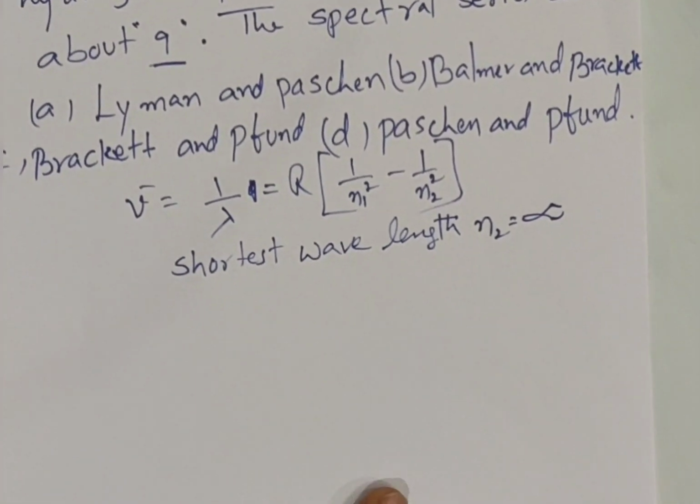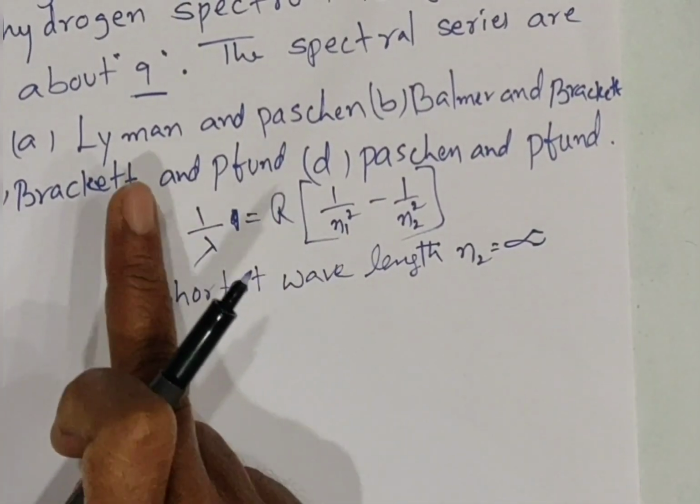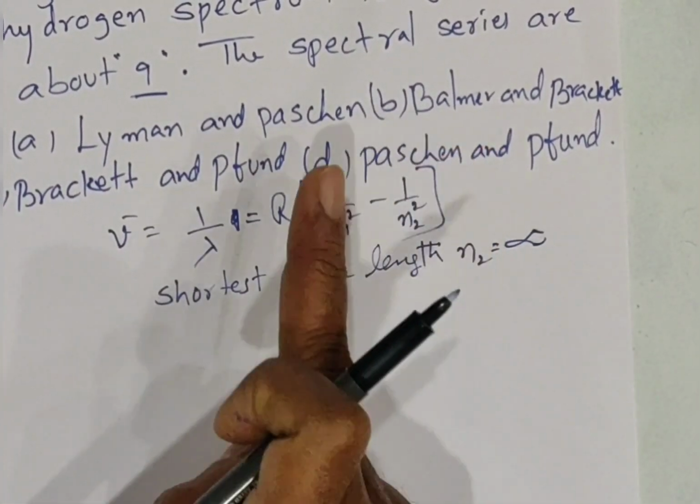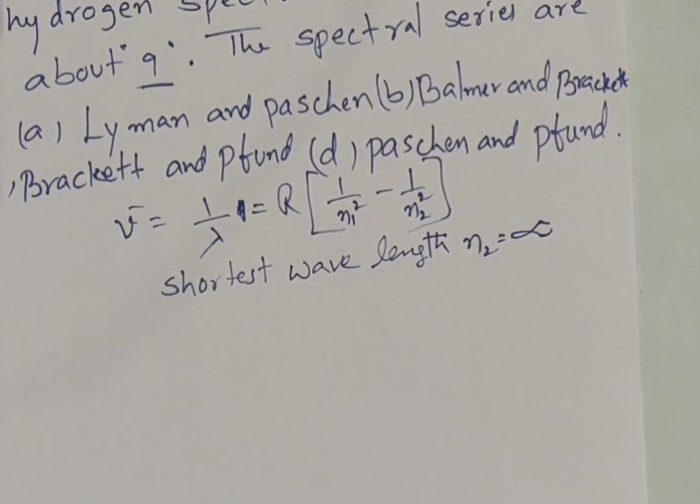Right? Now in the options they have given Lyman series, Balmer series, Paschen series, Brackett series and Pfund series.